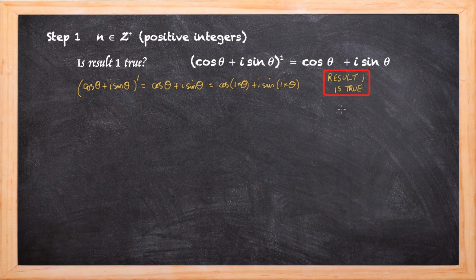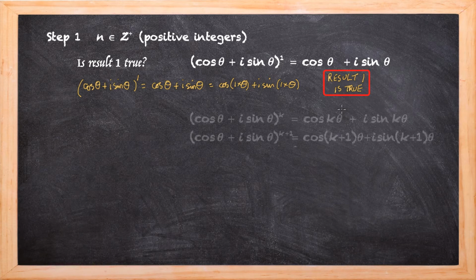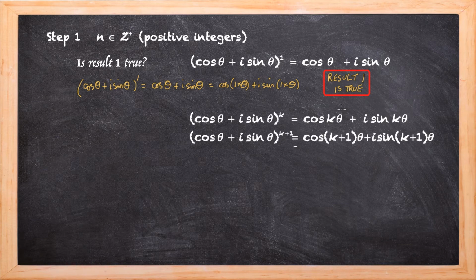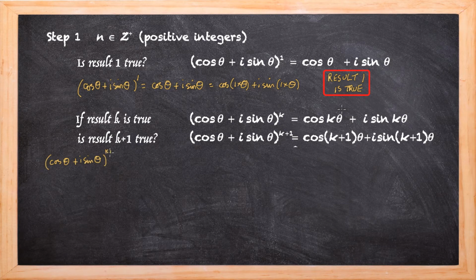So let's now look at the second stage of the procedure. We know the first domino, if you like, falls. We now look at the kth result and pretend it's true. Can we then prove that the k plus 1th result is true? Well, let's look at the k plus 1th result. Here we have cos theta plus i sin theta to the power k plus 1.